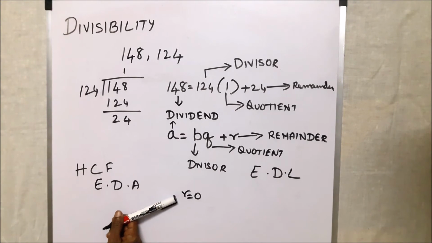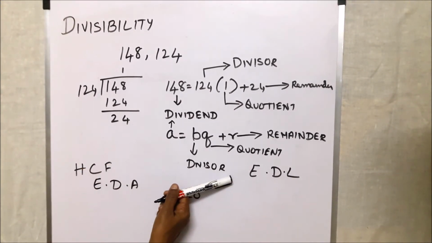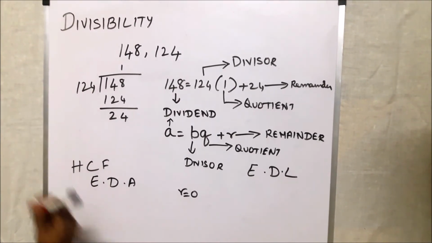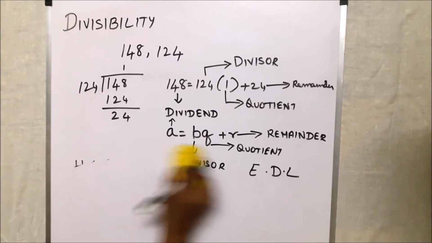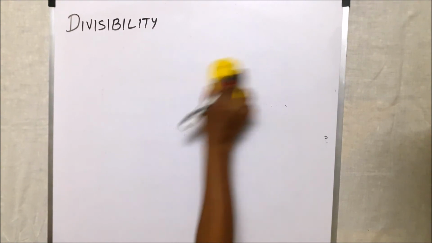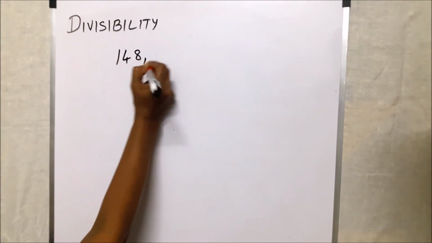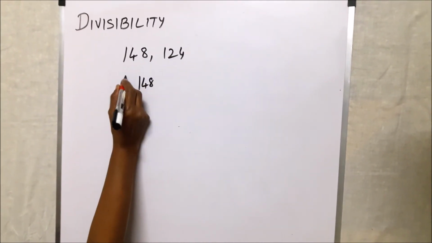Till we get the remainder as 0, we have to use Euclid's division lemma and proceed to find the HCF. Let us consider the same example, 148 and 124. We are going to find the HCF.